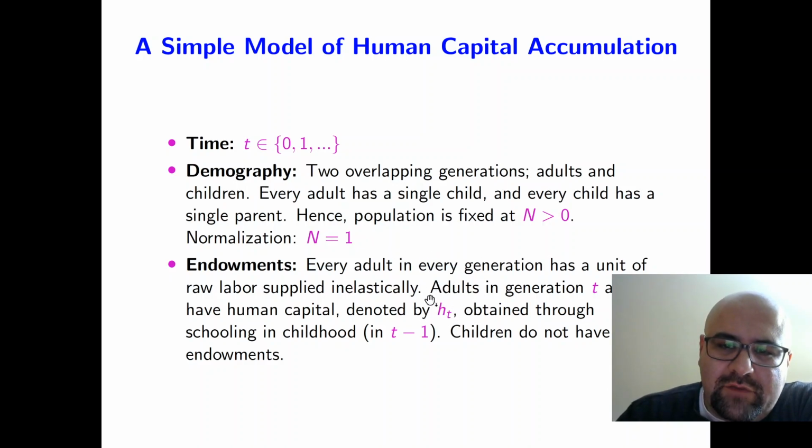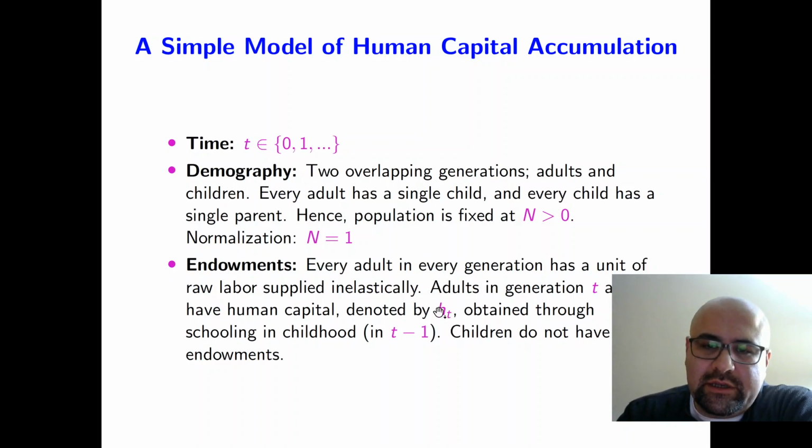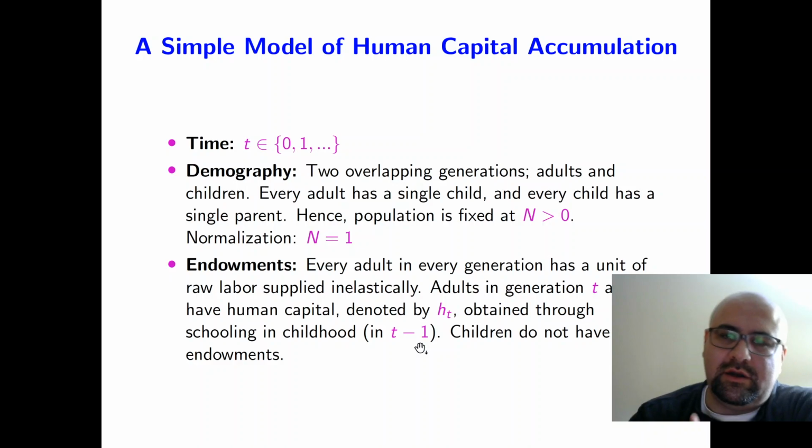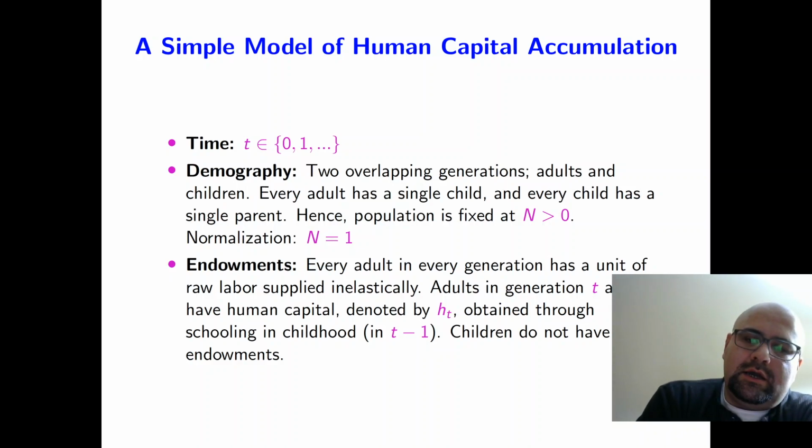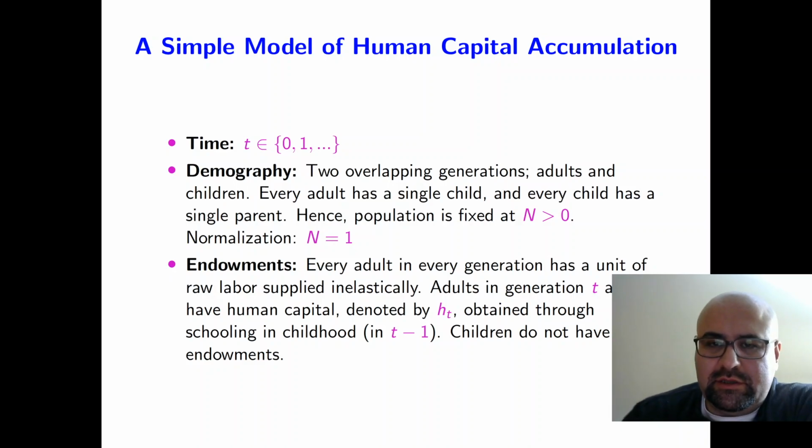So the skill of any agent is going to be denoted by HT when that agent, that individual, is an adult at period T. Okay, and of course they're gonna build this human capital when they're in school. Okay, when they're children. In this model, children do not have any endowments, and they don't take actually any economic decision. Okay.